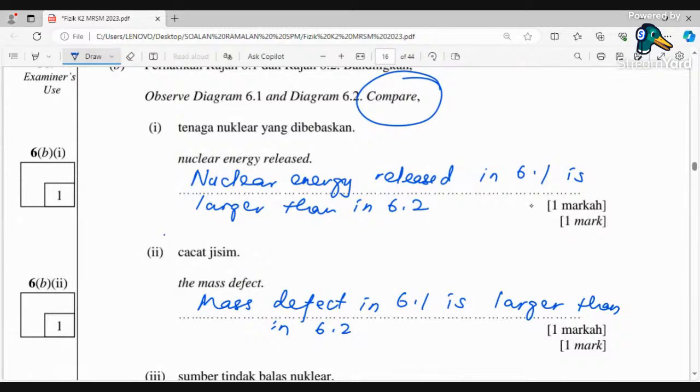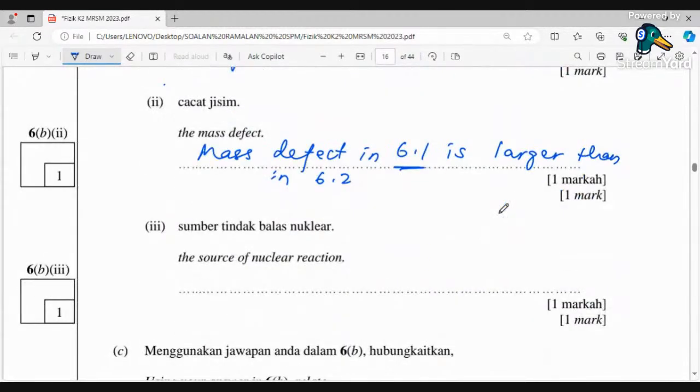Look, I start here with 6.1, and here too I start with 6.1. Okay, the source of nuclear reaction.